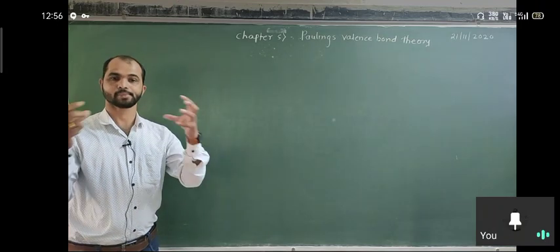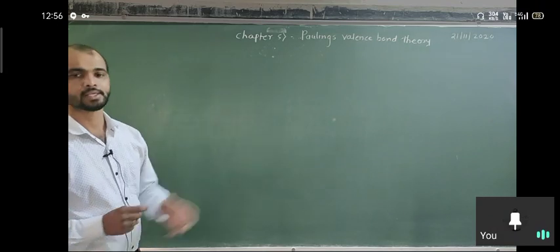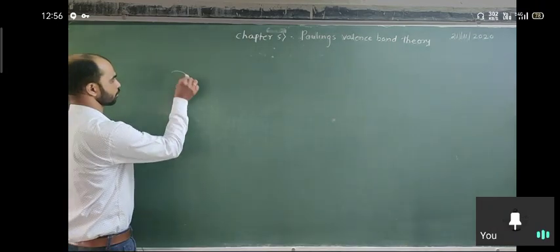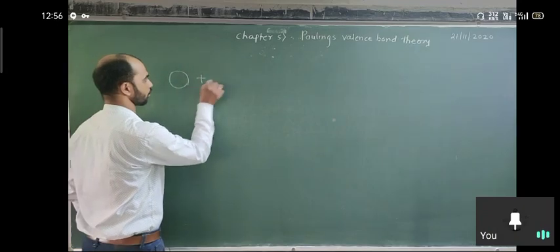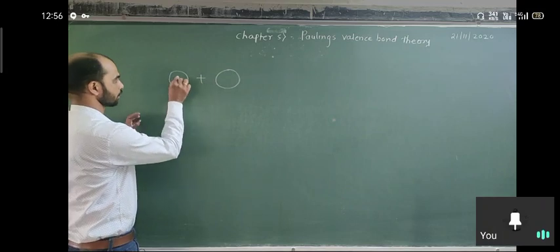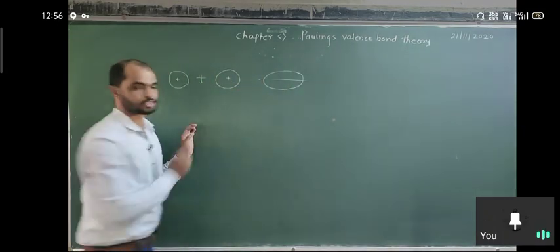In MOT, 100% of the atomic orbitals are merged together, but according to VBT, the atomic orbitals simply overlap. Suppose we consider these two atomic orbitals. According to MOT, these are merged together and this type of molecular orbital is formed.